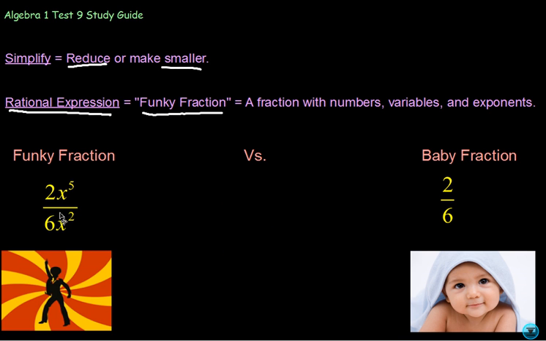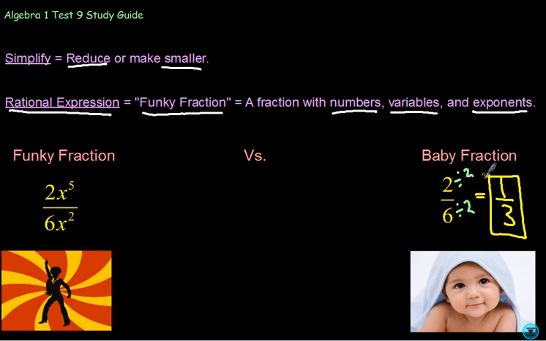It's just that there's a little bit more going on, right? So it's a fraction that not only has numbers, as this fraction does, but it also has variables and it also has exponents. But just like you'd want to try to reduce this fraction, so for instance 2 over 6, which we could divide top and bottom by 2 to get 1/3, in the same way that you'd want to reduce a fraction like that, we're going to do the same thing with this fraction over here.